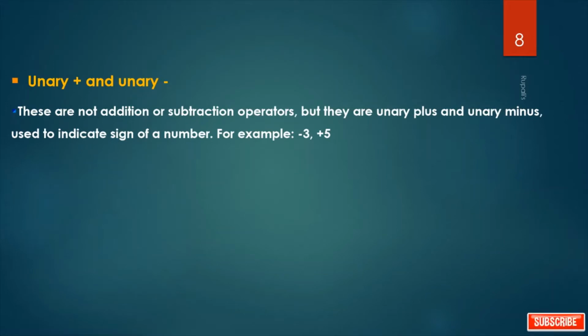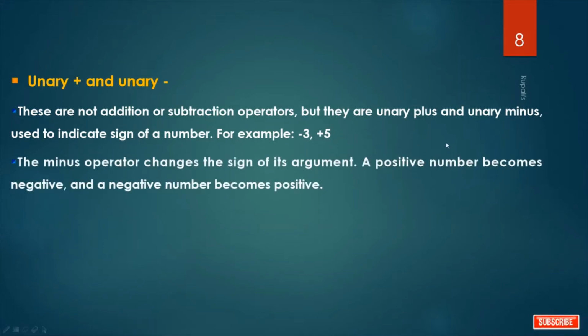Unary plus and unary minus. These are not addition or subtraction operators, but they are used to indicate the sign of a number. So it may be minus 3 or plus 5. The minus operator changes the sign of its argument.